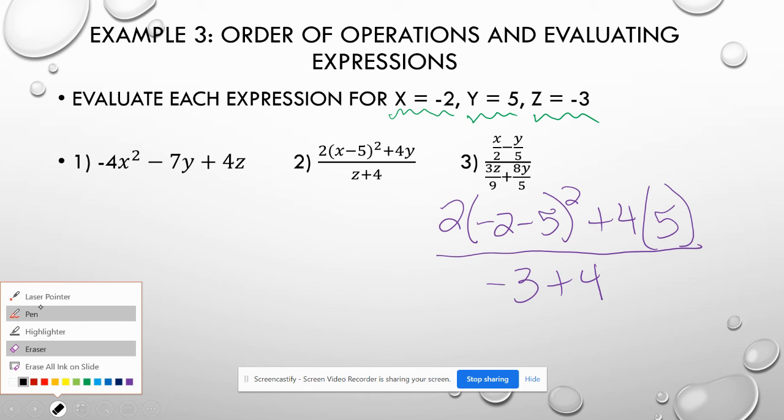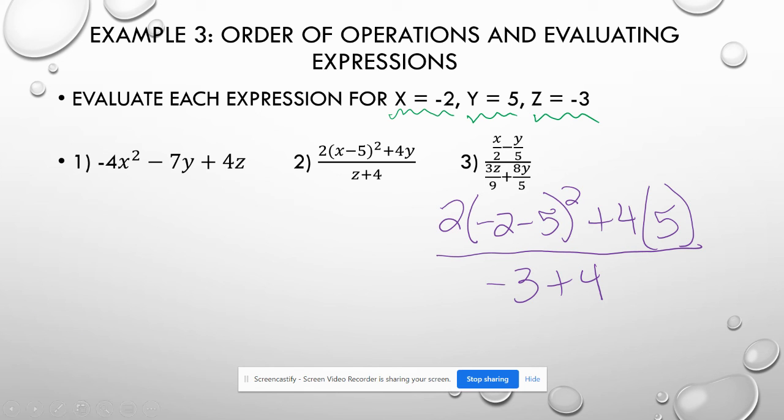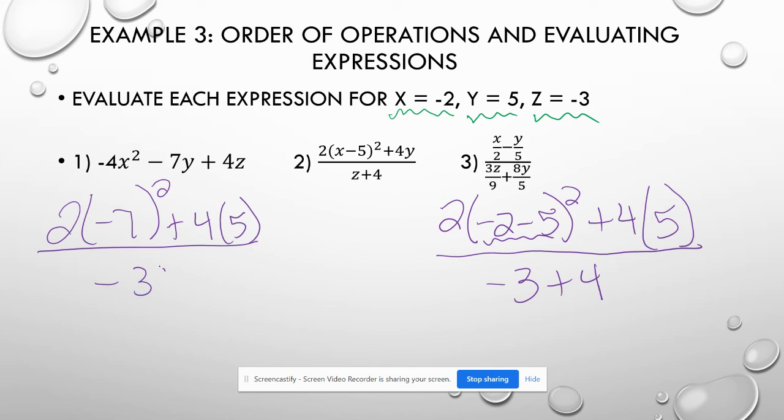Starting on the top or in the numerator with the parentheses, I'm going to do the -2 minus 5. That gives us -7 squared. Because the -7 is inside the parentheses, that's going to be -7 times -7, which is +49.